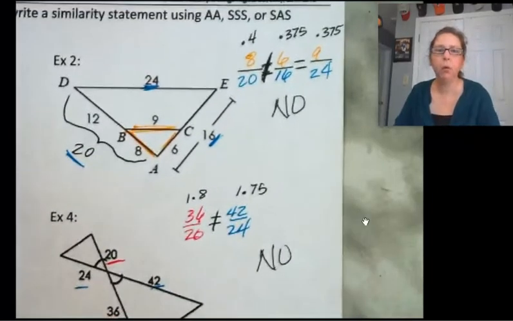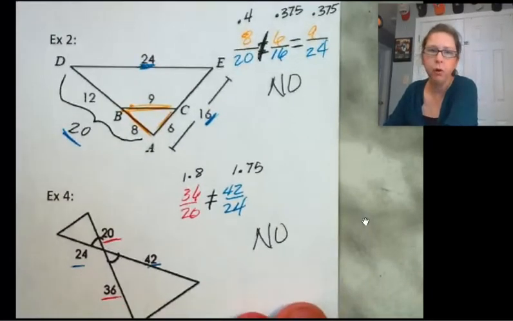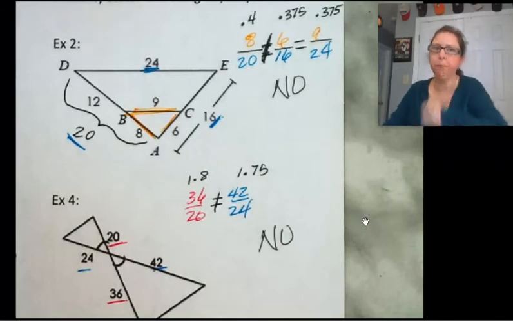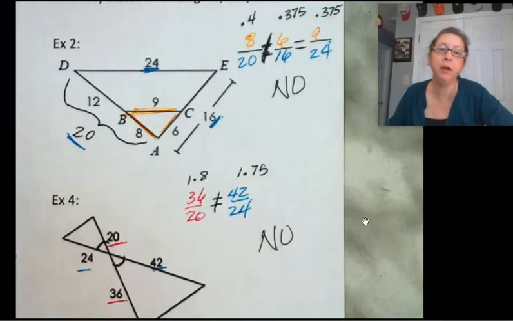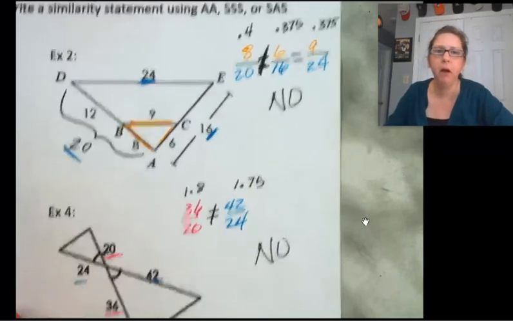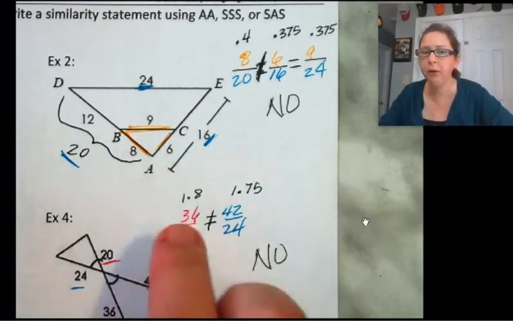Hey guys, welcome back. I completed both examples 2 and 4, okay? Now, for example 2, you could have checked this in 2 different ways. I went ahead and checked it by side, side, side. So I checked all 3 sets of sides.